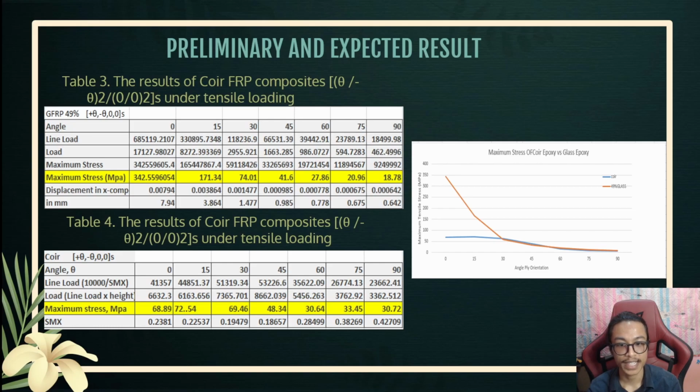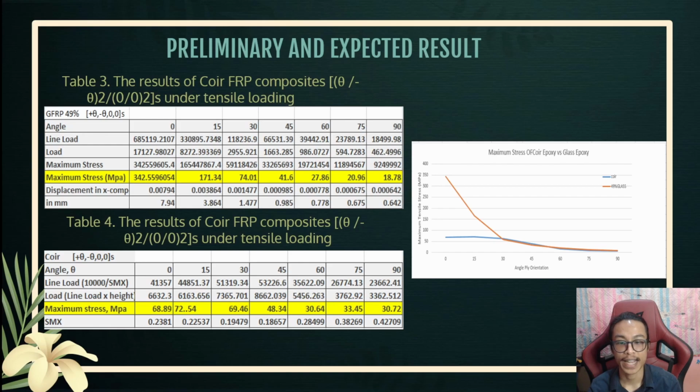The result indicates that specimens tested under tensile loading parallel to the 0 degree fiber orientation exhibit greater tensile strength, as the specimen starts failing with tensile rupture of the reinforcement fiber followed by debonding of the fiber matrix interface. Meanwhile, under transverse tensile loading at 90-degree fiber orientation, the specimen exhibits the lowest tensile strength as they fail with tensile rupture of the fiber matrix interface.